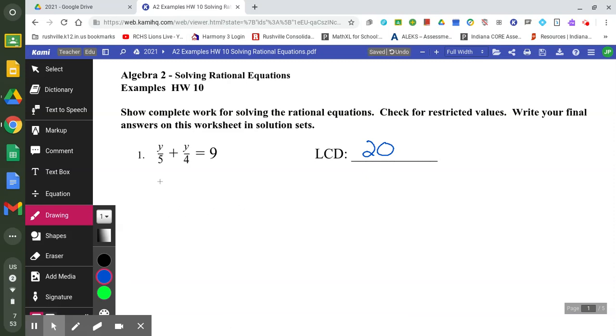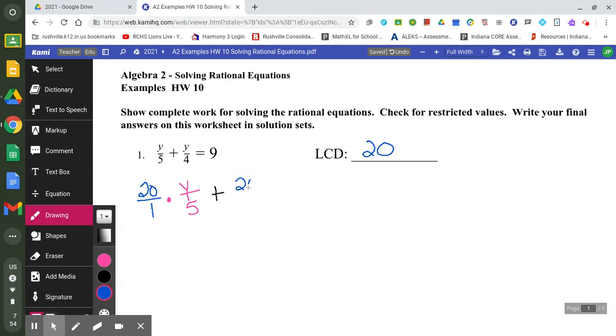So what I'm going to do then is, and it looks a little complicated on number 1, but it'll help for the rest of them. So I'm going to take 20 over 1 and multiply it times my first term, which is y over 5. Then I have plus.